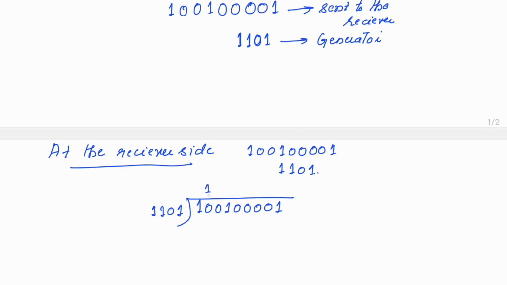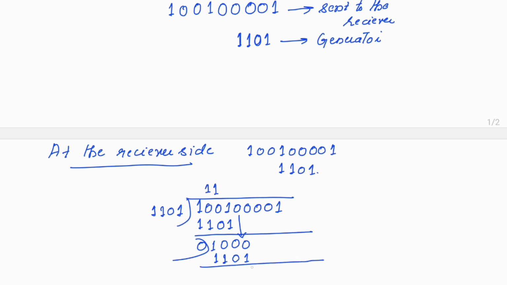Now carry out the binary division 11101. Perform the XOR operation. Discard this, bring down this 0. 1101 into 1 is 1101. Then perform the XOR operation, 110.